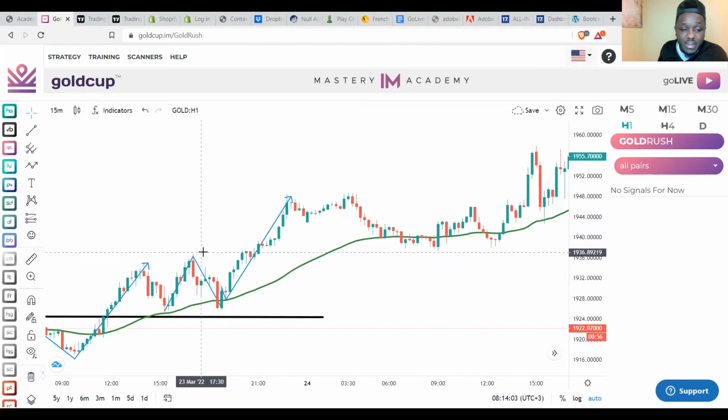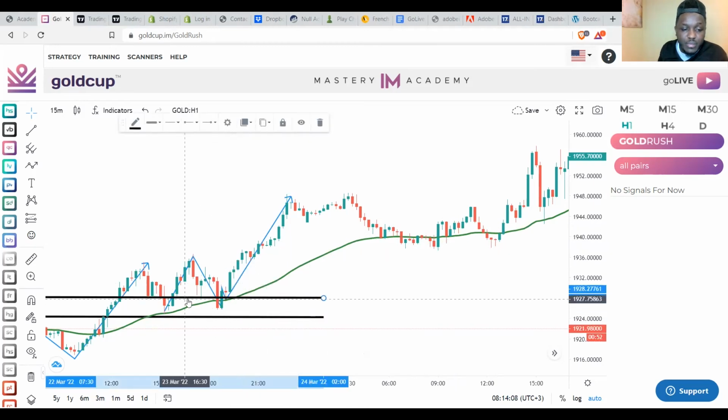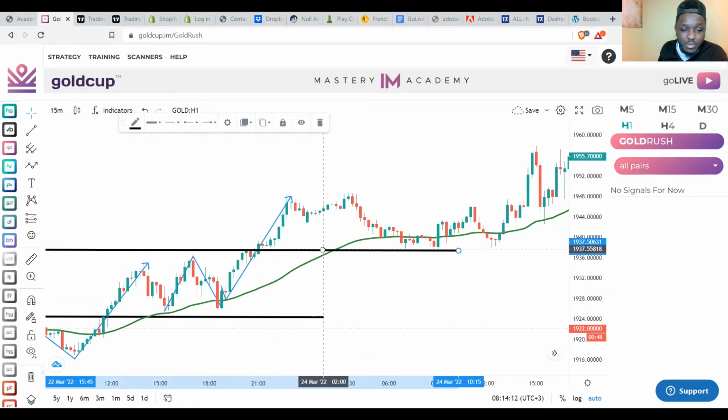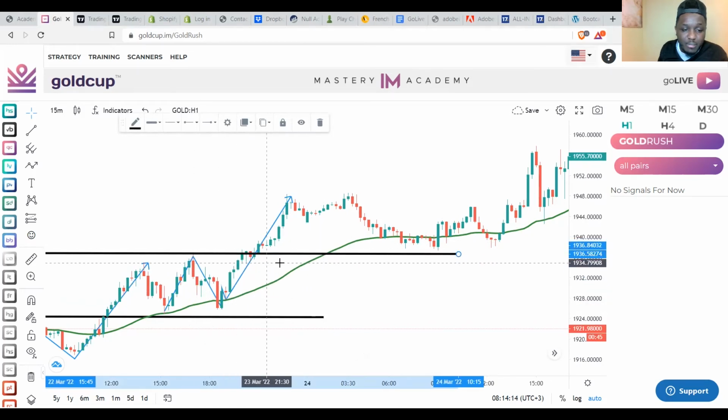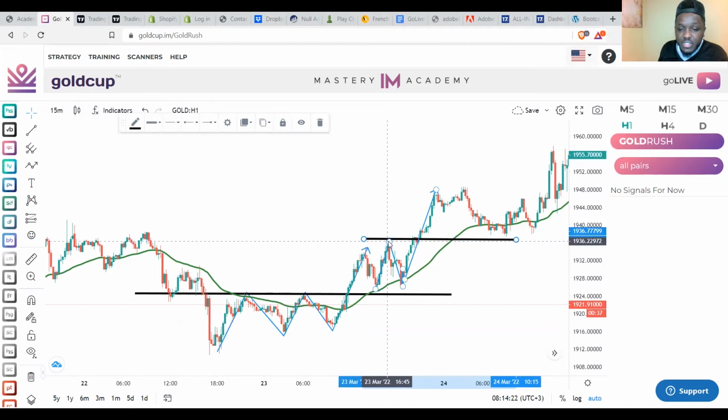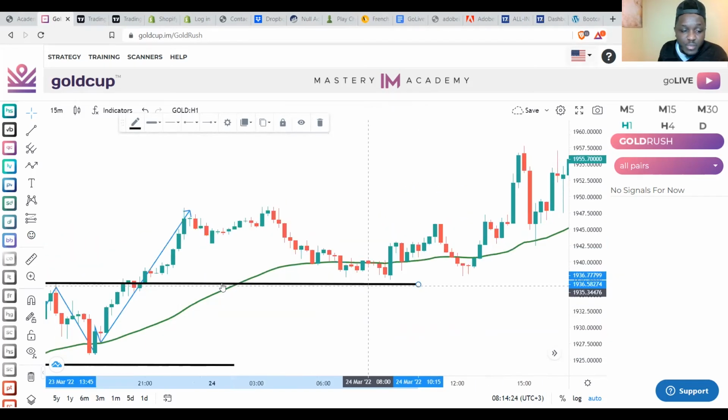The other thing is here, you could also identify that area there, which could be your resistance here, which is your support here.